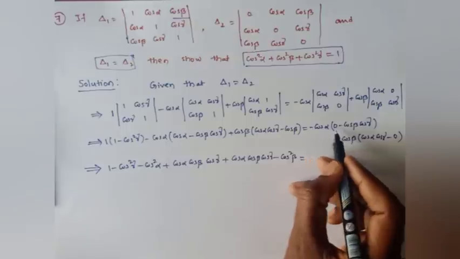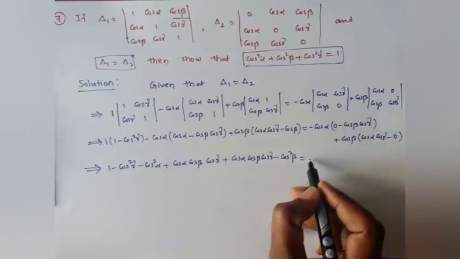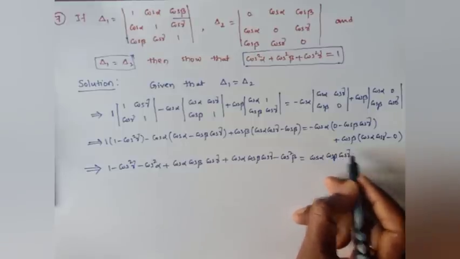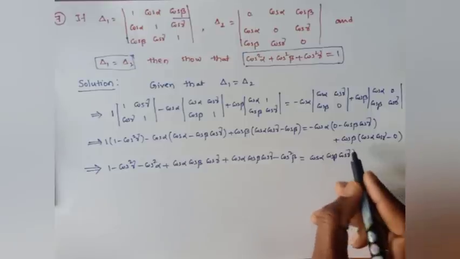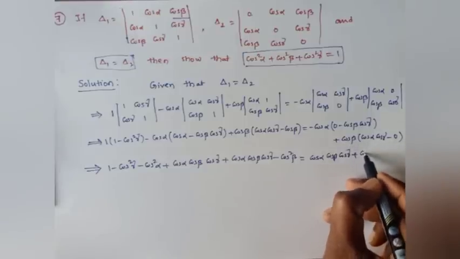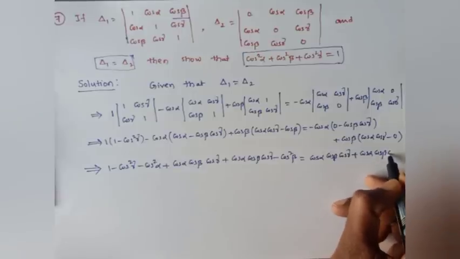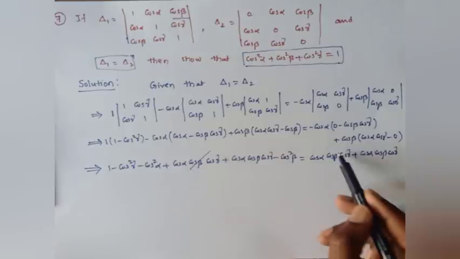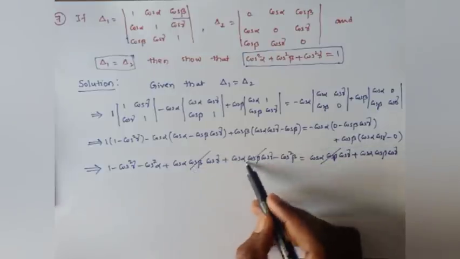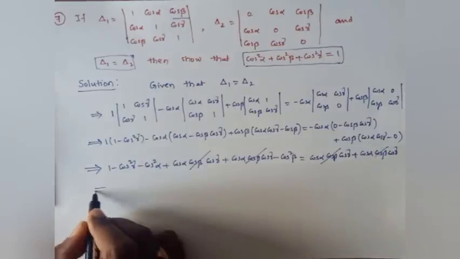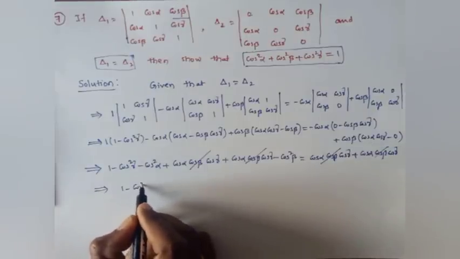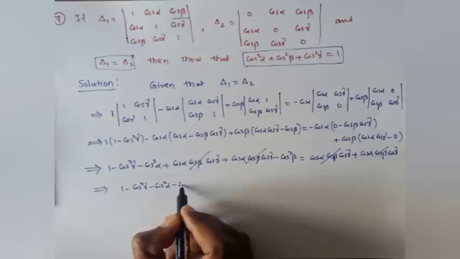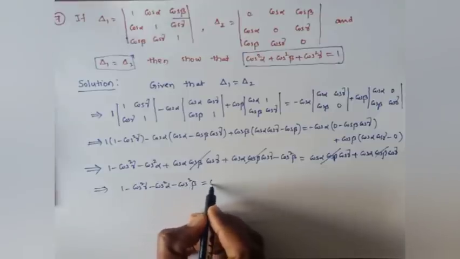On the right side it is minus cos alpha into 0 minus cos alpha into this, which is plus cos alpha cos beta cos gamma, plus cos beta into cos alpha into cos gamma, again it is cos alpha cos beta cos gamma. Now so on RHS, cos alpha cos beta cos gamma and cos alpha cos beta cos gamma, this part also gets cancelled. Now this is 1 minus cos square gamma minus cos square alpha minus cos square beta equals 0.